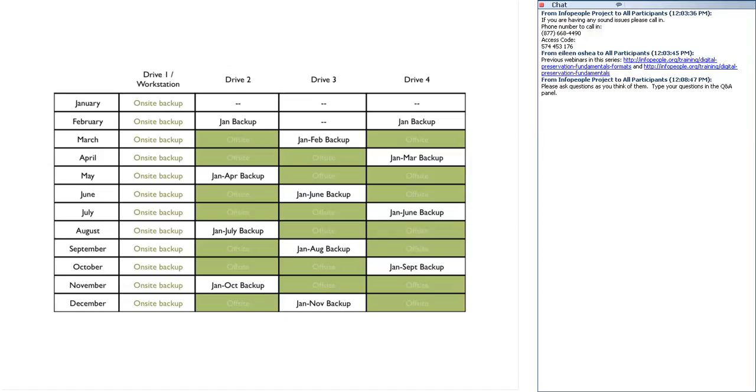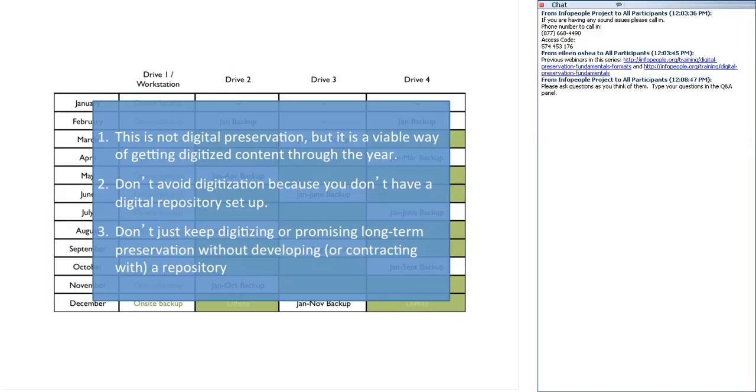But working this way, you'd always have 3 or 4 copies of your work, and you'd never be at risk of losing more than maybe a couple of weeks of work. Again, it's not really first-class digital preservation, but it's the beginnings of sensible management, right? So it's a viable way of getting your digital content through the year.